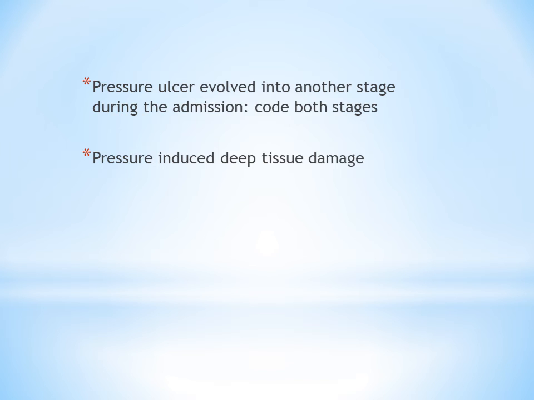That is, when the pressure ulcer evolves from one stage to a higher stage, for example stage 1 pressure ulcer evolves to stage 2 pressure ulcer after admission, you have to code for both stage 1 and stage 2. You have to code for both stages. Then last one, pressure induced deep tissue damage. If the condition is pressure induced deep tissue damage, the last character will usually be 6.